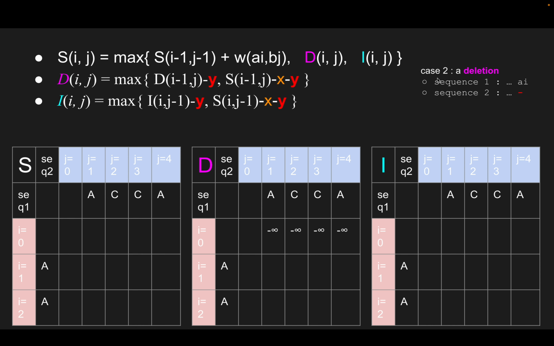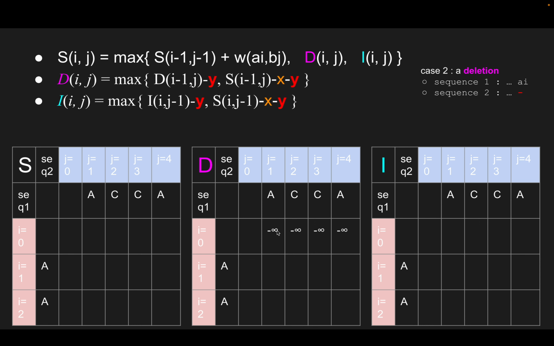Don't forget the definition: a deletion means that sequence 2 must end with a gap symbol. So it is impossible for sequence 2 to end with a symbol when the first has nothing. You cannot end the second sequence with either A, C, C, or A, because the second sequence in this case will always end with a gap symbol.